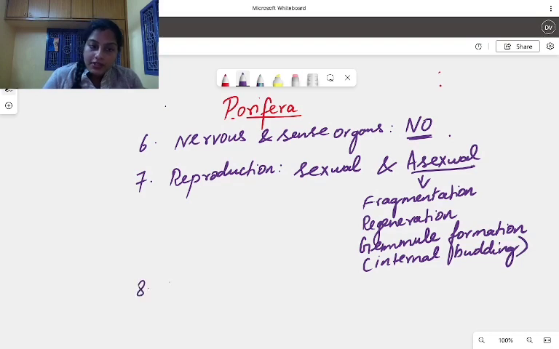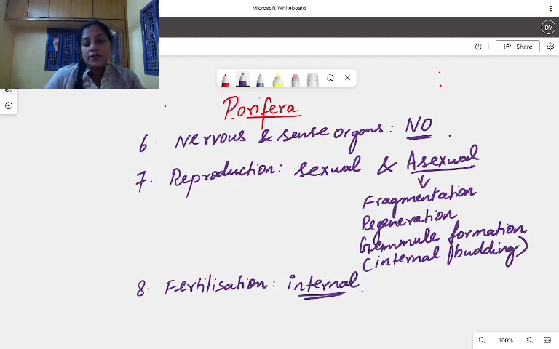Then fertilization is internal fertilization. And the ninth one, development. What is development, children? Here you have to talk about whether they undergo direct or indirect development.